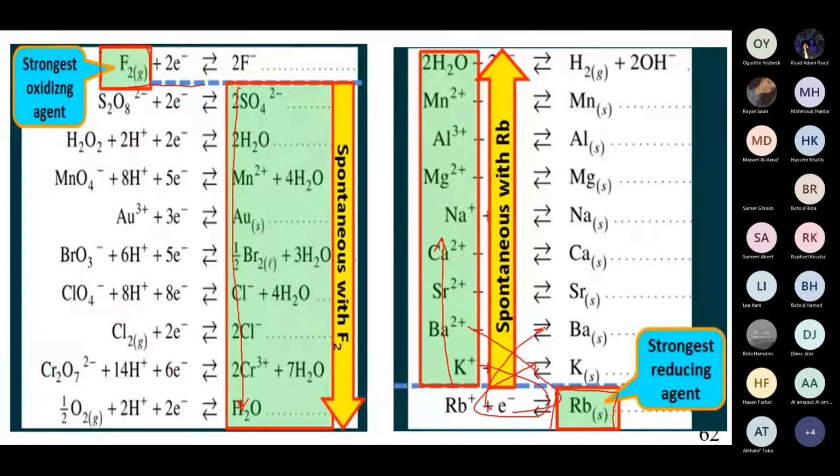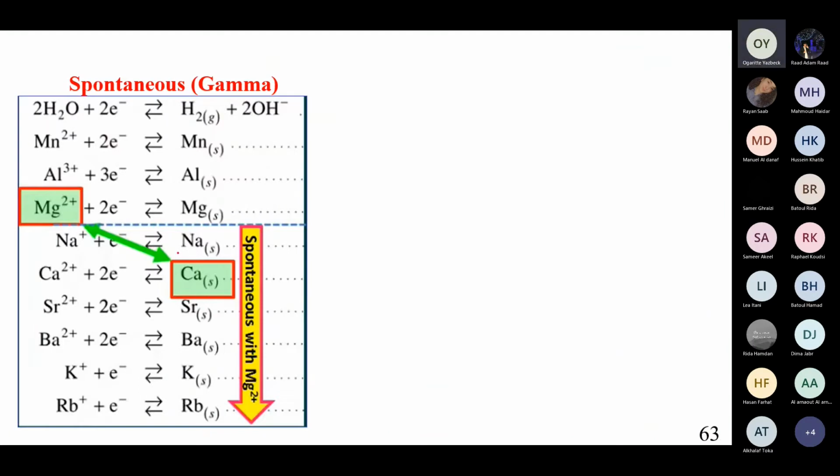Okay, Mai? Yes. Okay. Also here there's gamma. In the opposite direction, there will be no reaction. Here, magnesium can oxidize calcium, spontaneous, gamma or diagonally down. Okay, I can have a diagonal going like that.